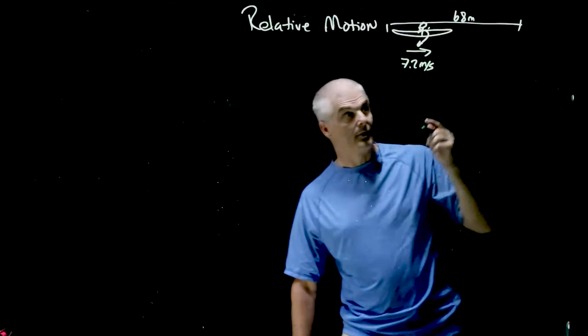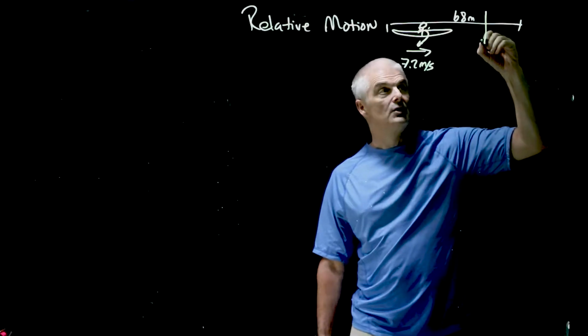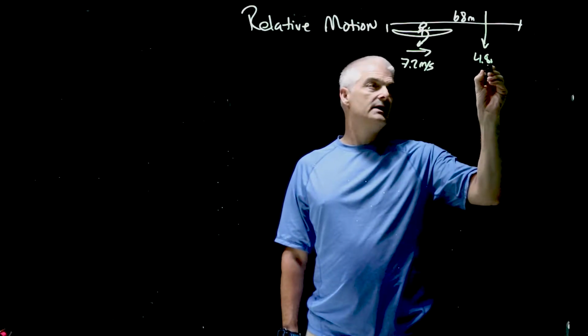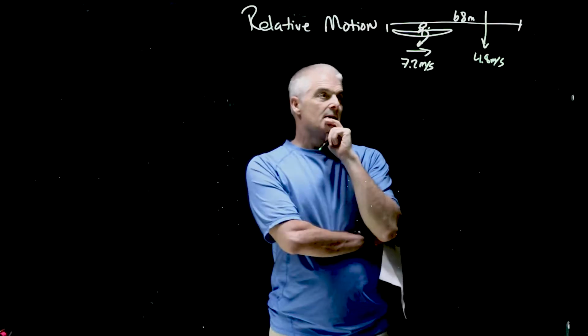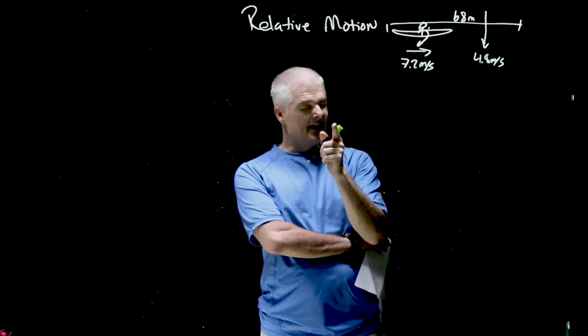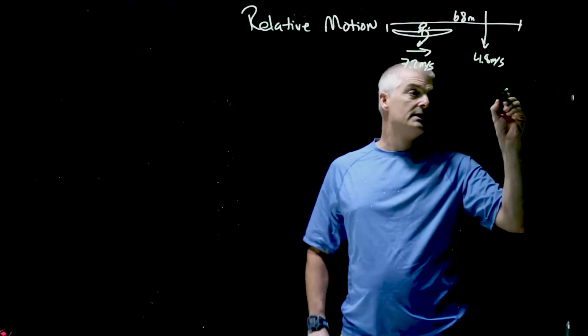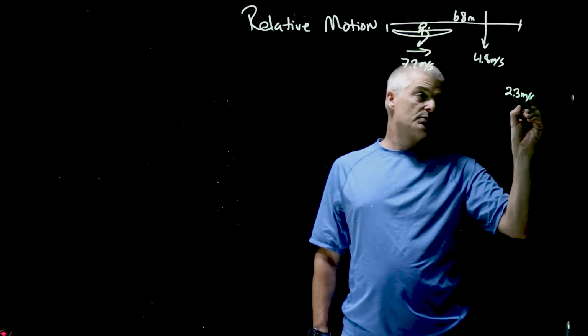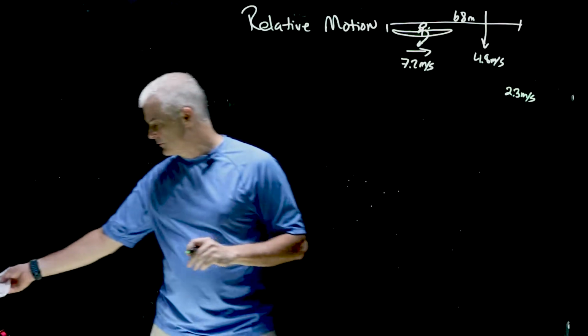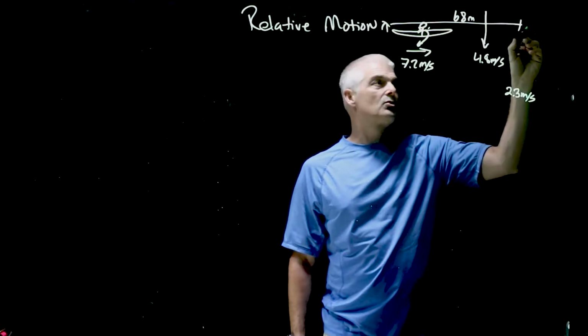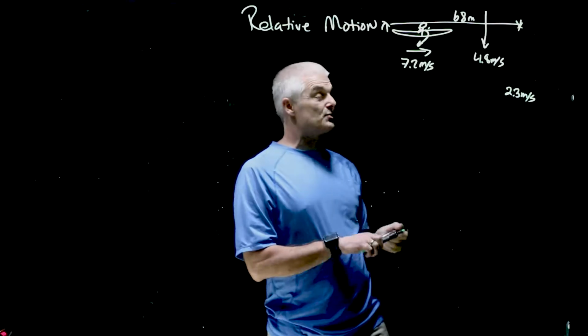But he's in a river, right? And this river is flowing north to south at a speed of 4.8 meters per second. And the guy, if he's walking, he can walk at 2.3 meters per second. Now, hopefully you're realizing this, but if he starts kayaking straight across the river, he's not going to end up straight across the river.